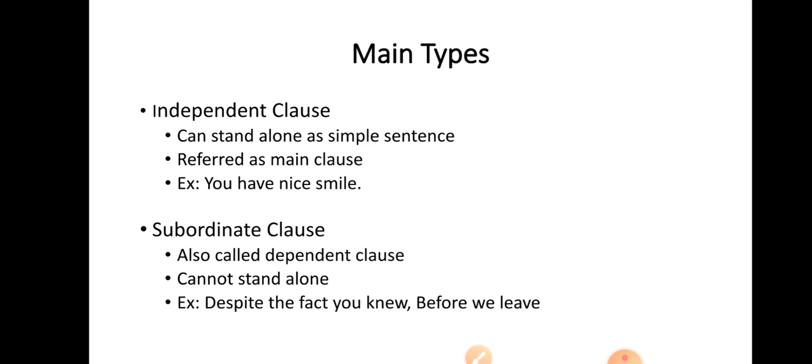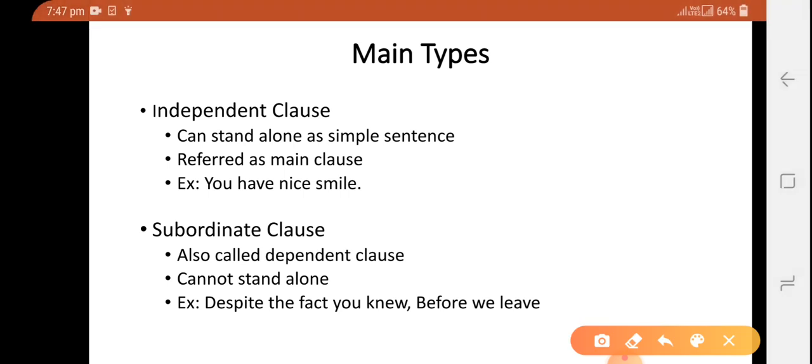This is referred as main clause. This we have seen. For example, you have nice smile. It is a complete sentence and it is very independent for its meaning, right? It doesn't depend on any other part of a sentence to have a complete meaning. It is an independent clause.